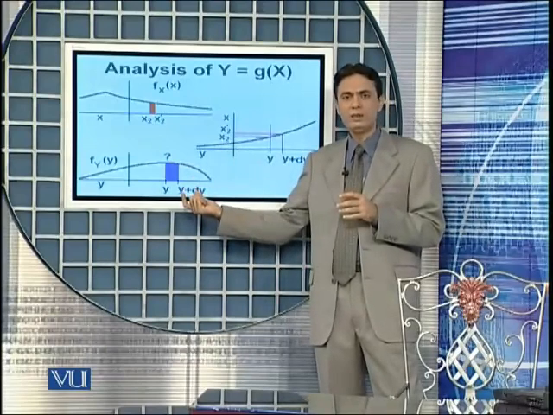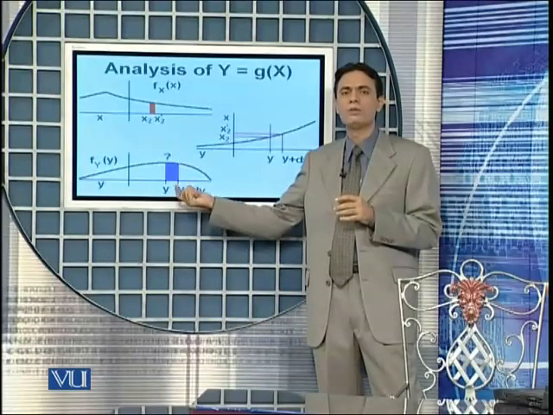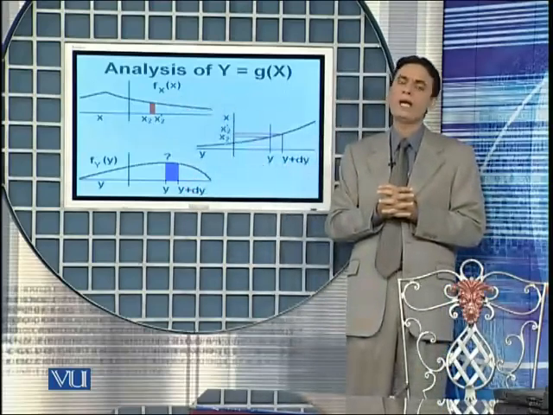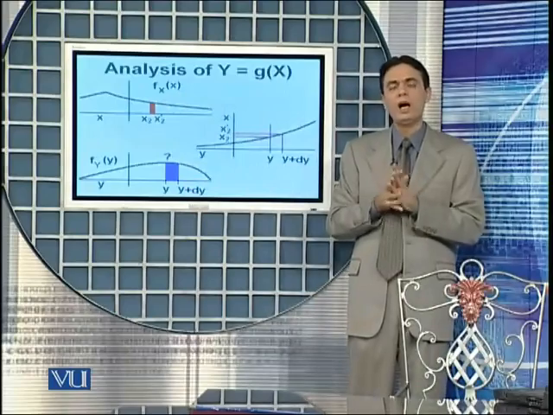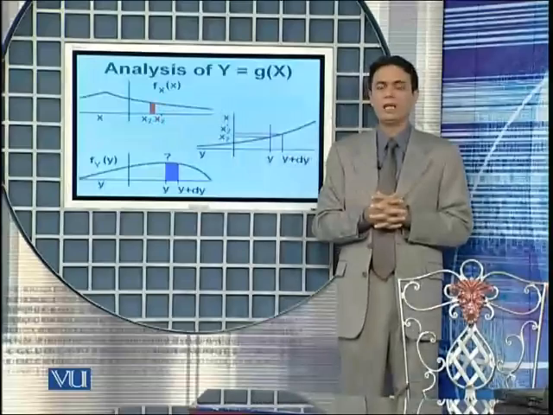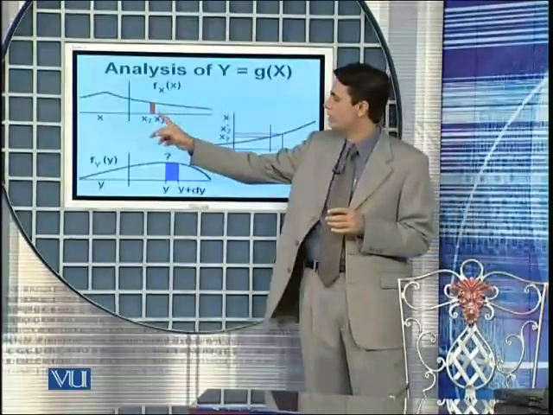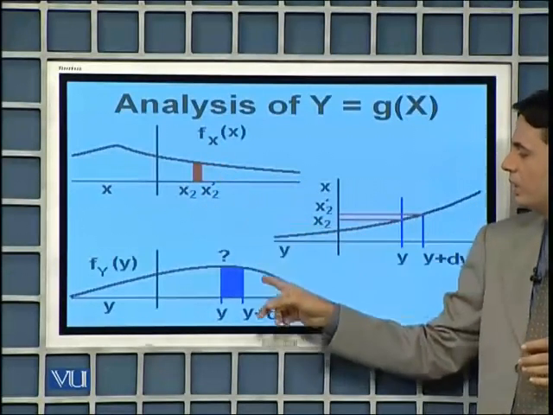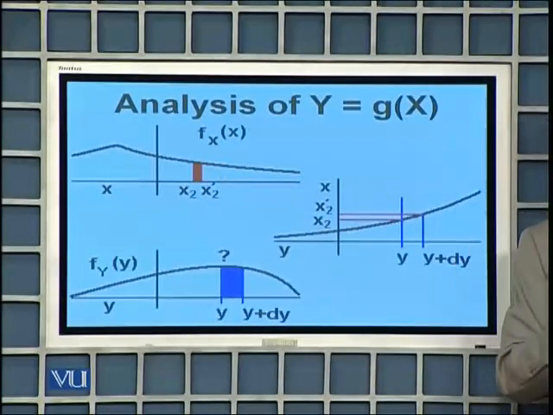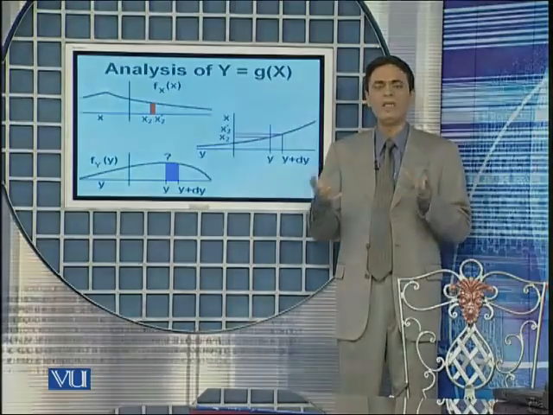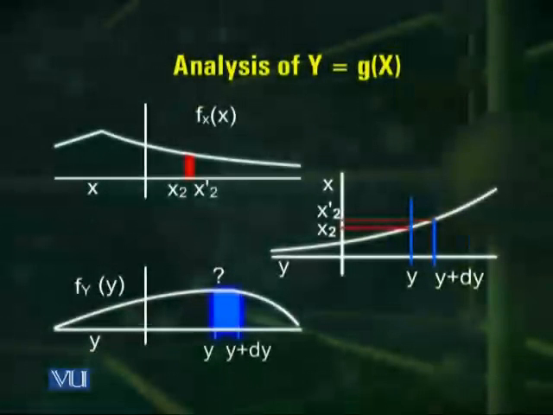So this event on sample space of y has a corresponding event on sample space of x. The question is, how do we reach from this event to that event? And if we can find a way to reach that event, we can find the probability of that event and equate the two probabilities, which in turn will allow us to find the relationship between PDF of y and PDF of x.